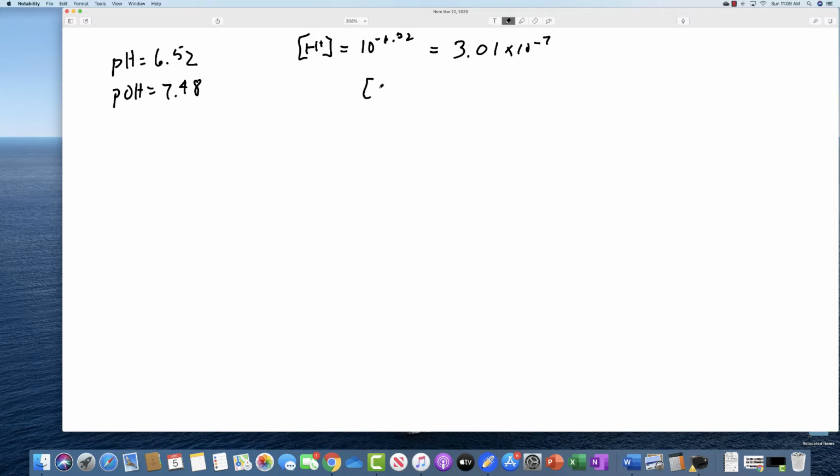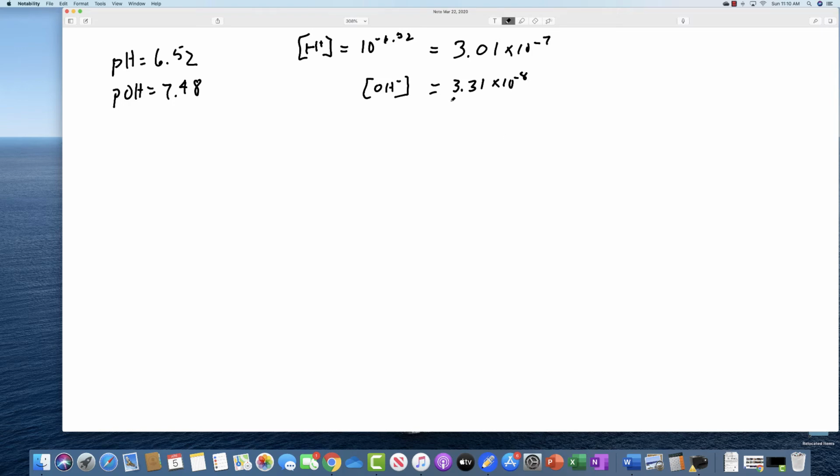And then the OH concentration is the same thing, 10 to the minus 7.48. So you put 7.48, and it's 3.31 times 10 to the minus 8.